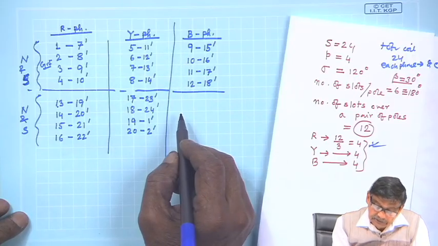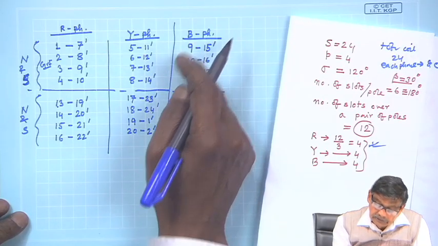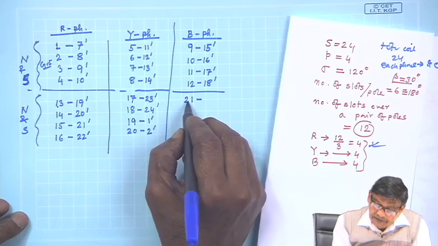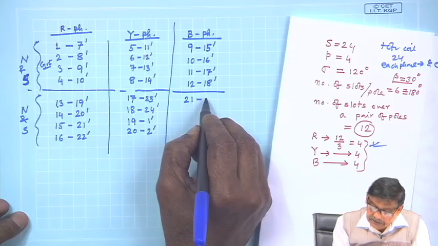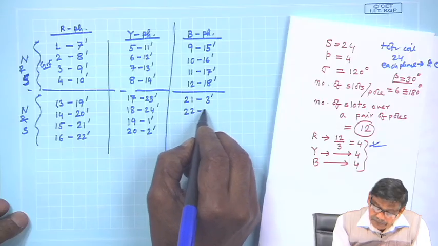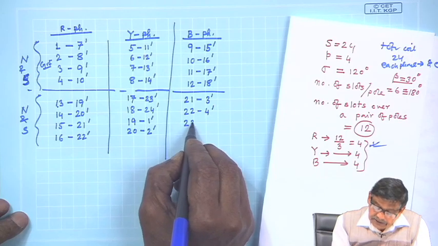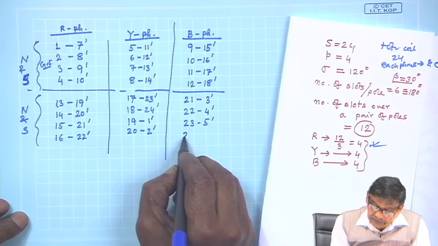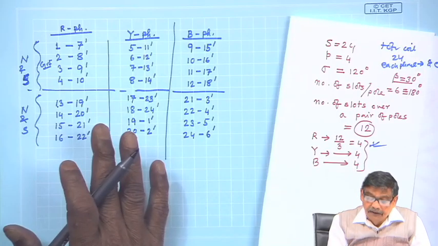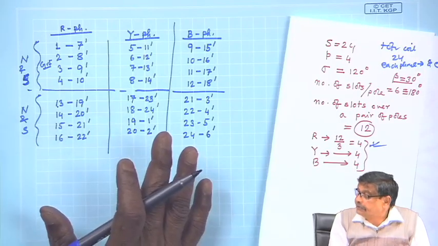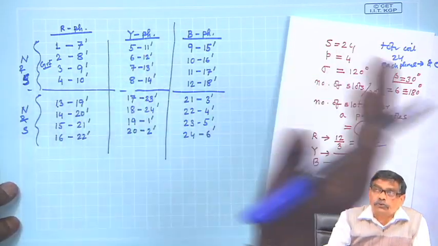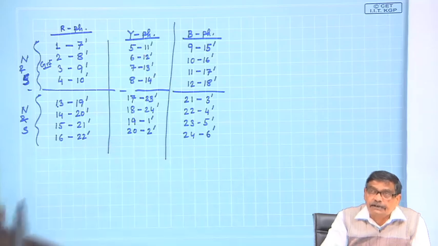Therefore, 9 plus 12, 21, and then 6, 27 dashed, 27 dashed means 3 dashed, then 22, 4 dashed, 23, 5 dashed, and 24, 6 dashed. And you will see all the coil sides will be in place if you want to carry on this winding. You can now go to the slot arrangement and find it out.